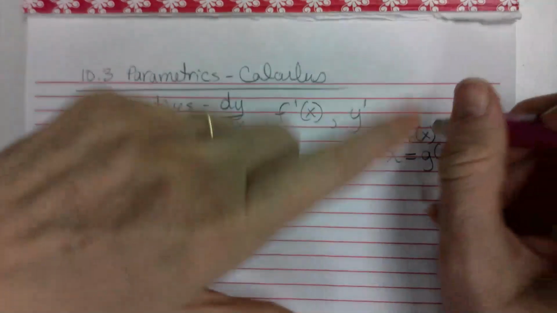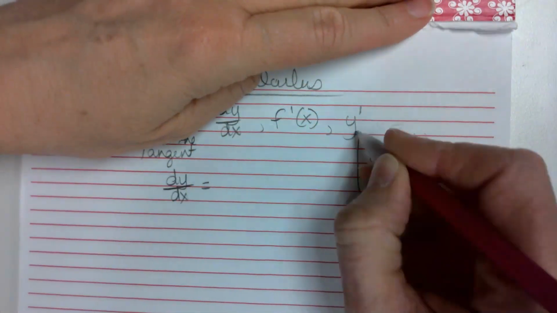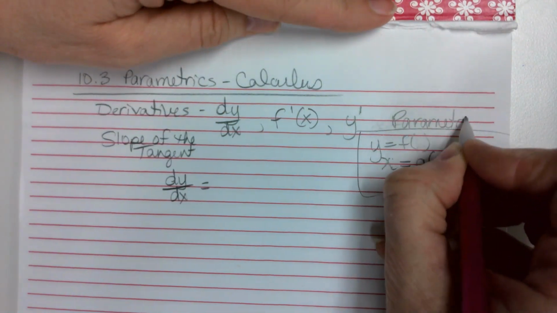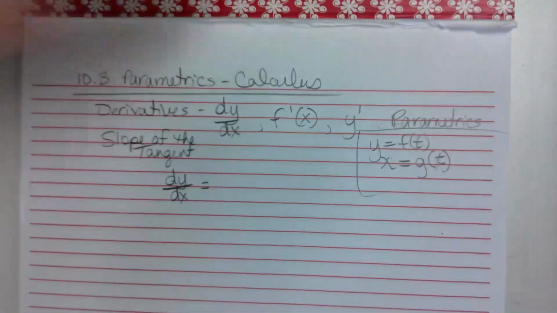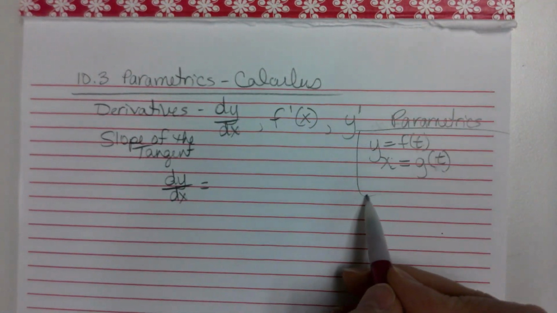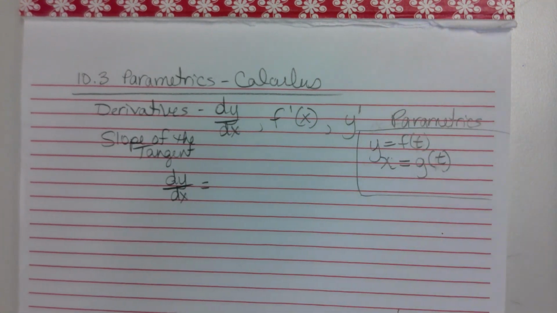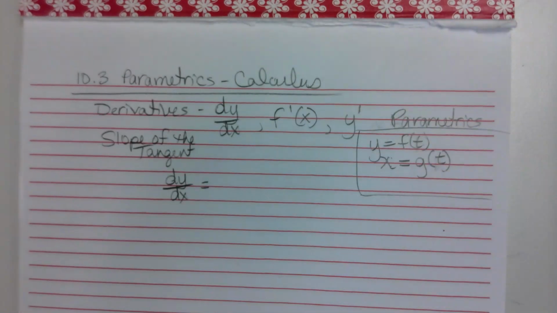I said these are functions of x. What are they really in parametrics? T or theta or something other than plain x, right? So these are functions of t or theta or some other parameter. How do you think you would be able to find dy over dx?